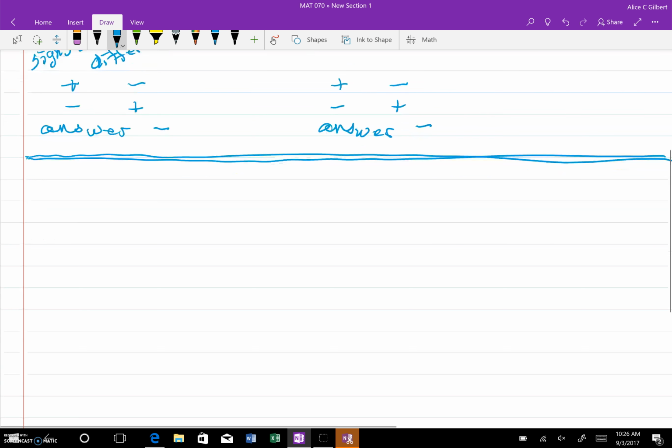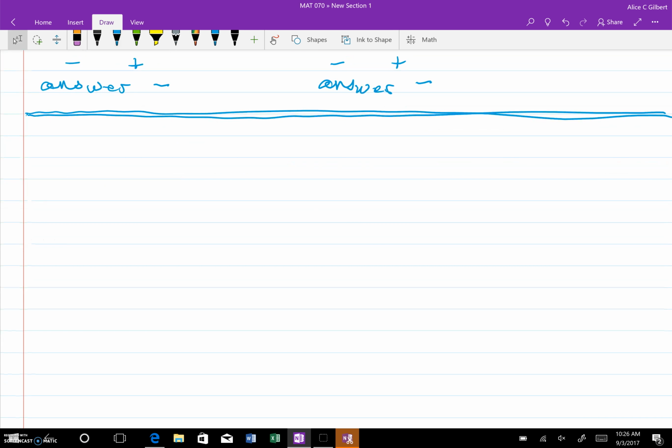And there's one other thing we need to be sure we understand. Operators. Operators means plus, minus, multiply, and divide. There are only 4 operators, and they're addition, subtraction, multiplication, and division.